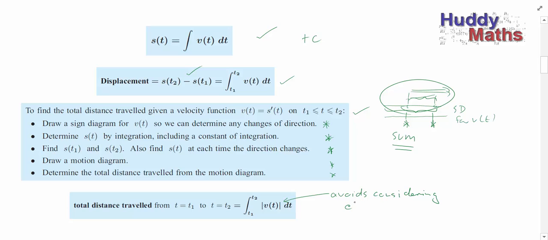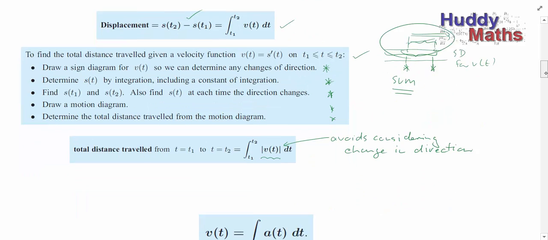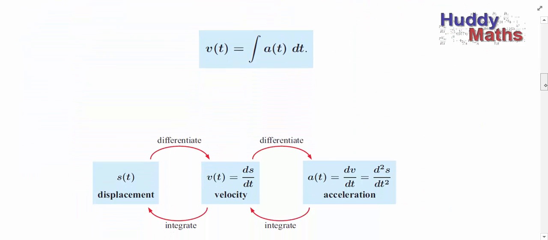So in paper 2 in this course, you could actually use the calculator and just put the absolute value of v of t. You wouldn't have to worry about it changing direction, because you wouldn't have to worry about the negative value there.